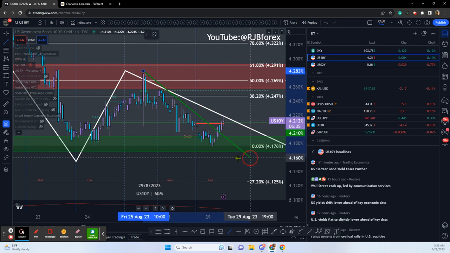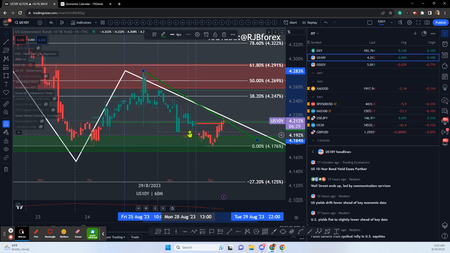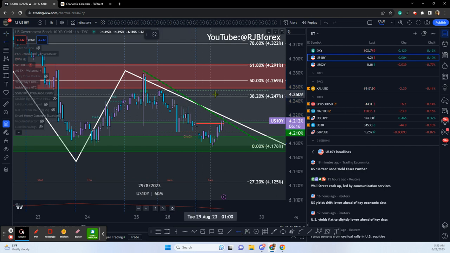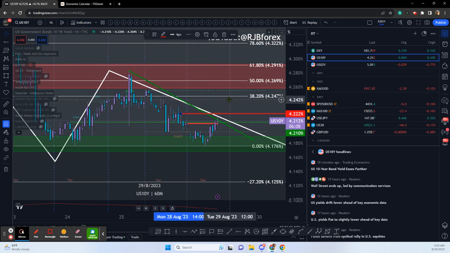So this trend line here is essentially still intact up until perhaps here. So we're testing yesterday's closing price. So, as I said, we came down and we're moving up. That's supporting the dollar. We filled the gap. We're testing yesterday's close.